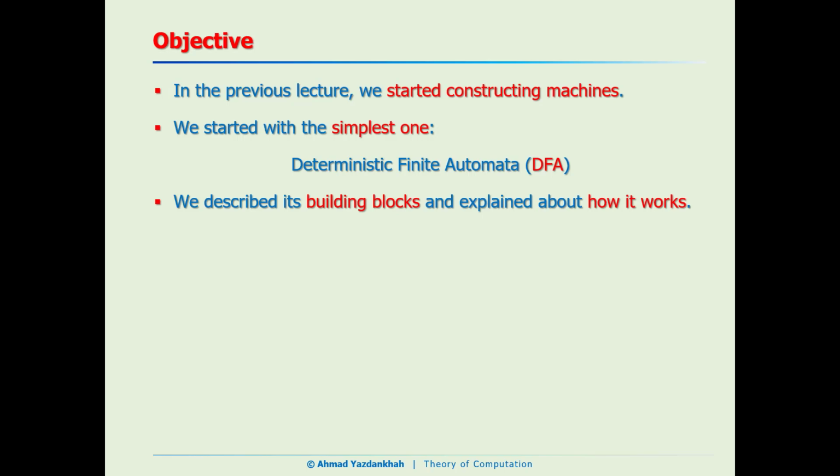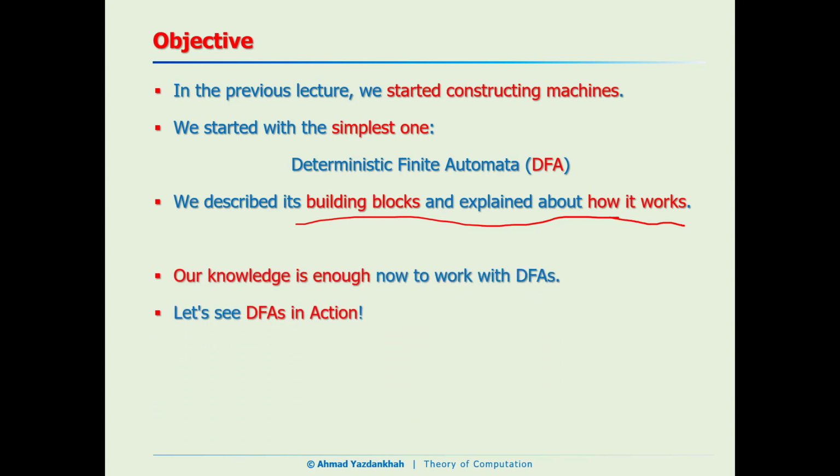What we learned in the previous lecture, we talked about the building blocks and how it works. So our knowledge so far is enough to see how the DFAs work in action.